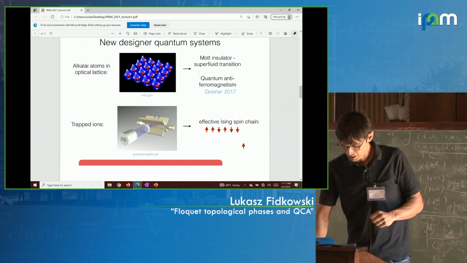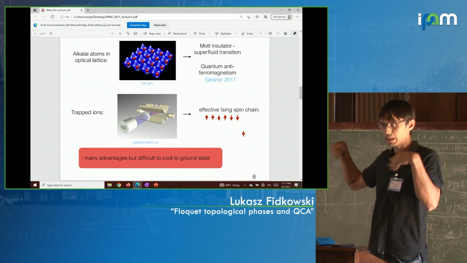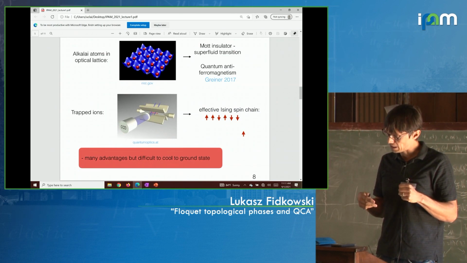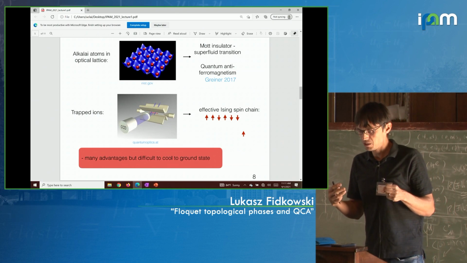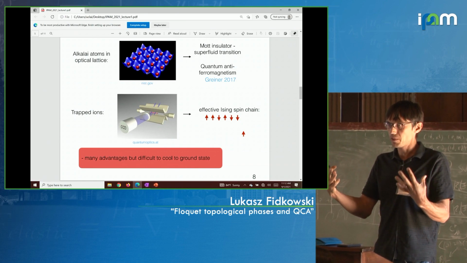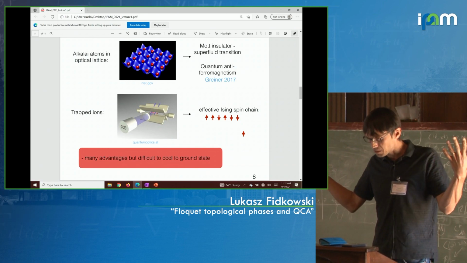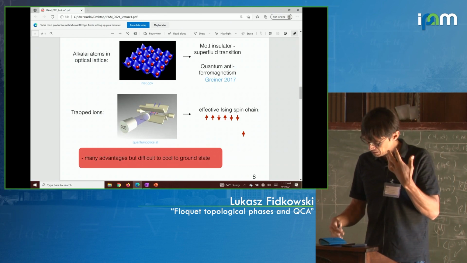So there are many advantages to these new kinds of platforms, but one disadvantage is that it's hard to reach the ground state, and that's bad, from the perspective of what I told you, because these topological phases are physics of the ground state, and if you can't reach the ground state, then what do you have?